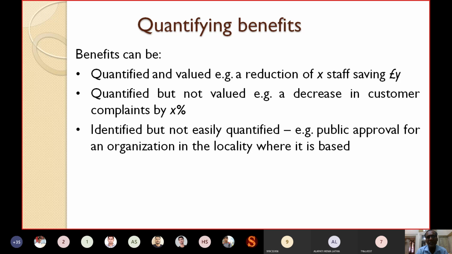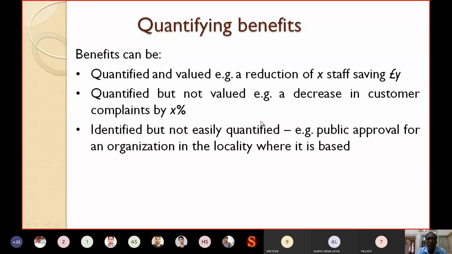that cannot be valued. Please see, in the first case, we are reducing 20 staff members. We are able to say that one staff was taking 10,000 rupees, so 20 staff members will take 2 lakhs rupees. We are able to find out the value that we have saved from the salary. It is both quantified and valued. But here last month we got 100 complaints, this month 80, so we have a 20% reduction.